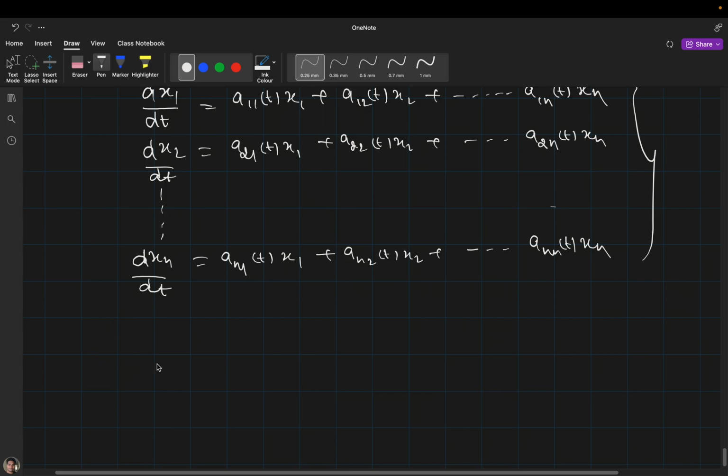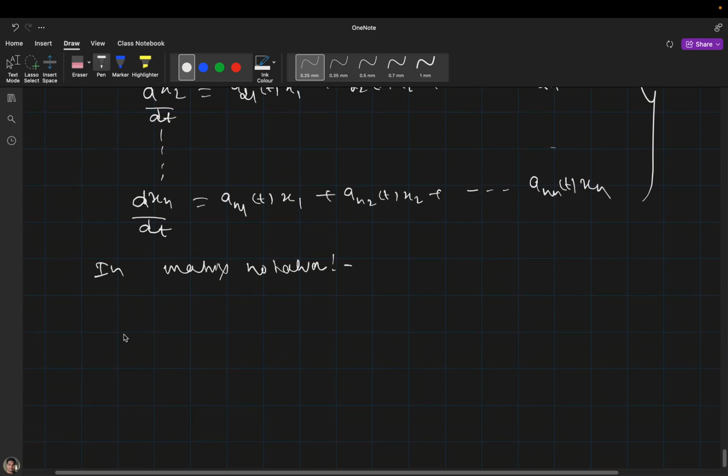Let's see. First, I will write this whole system in matrix notation. I will write capital X as x1, x2, x3, x4 up to xn, all functions of time t.